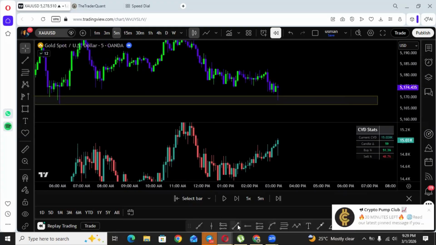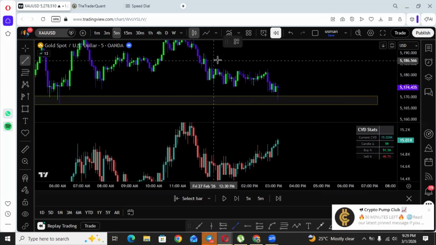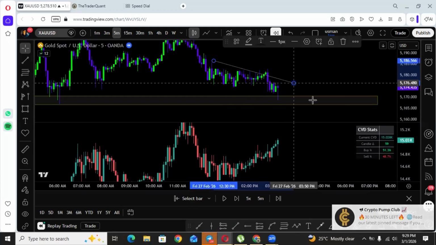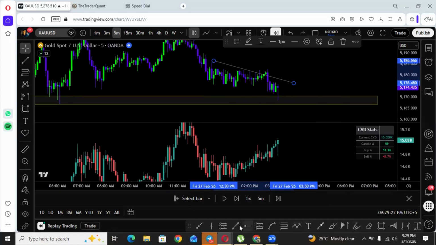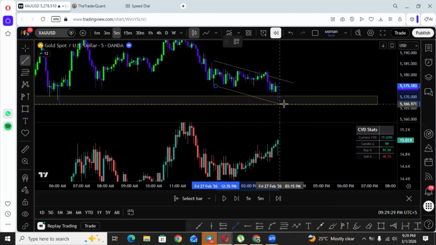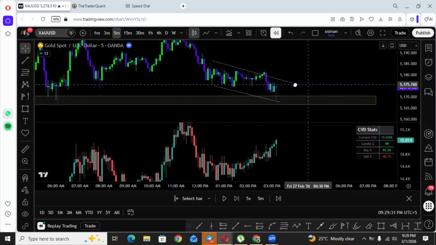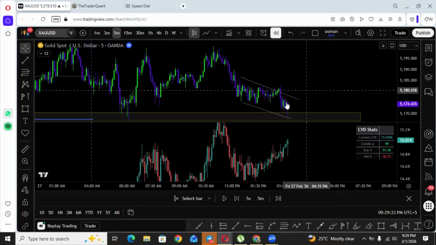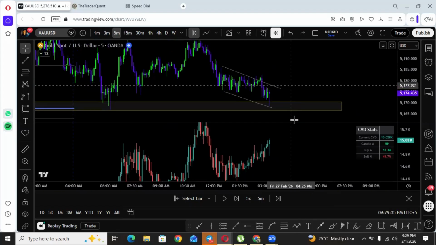They were showing the retailers that the price is moving down, trying to get them to enter in the sell direction.